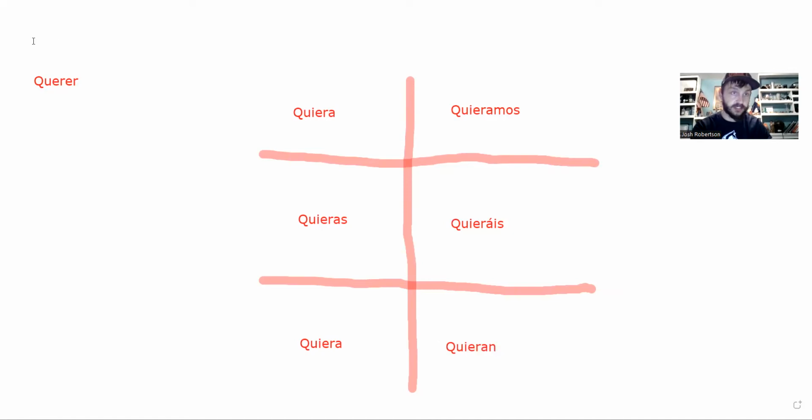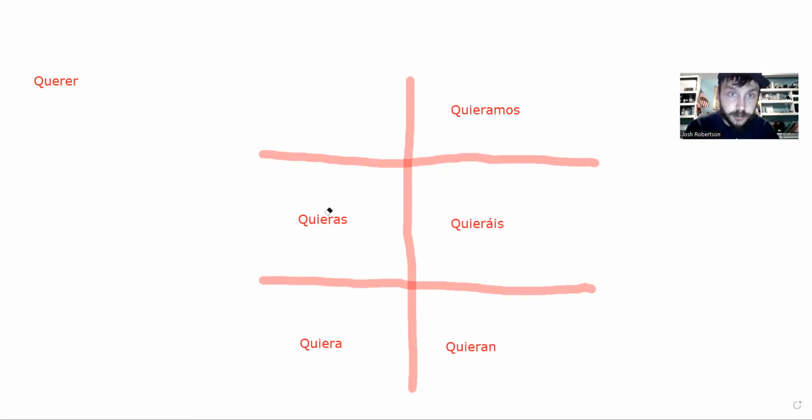Now conjugated, same verb in the subjunctive present. Yo quiera, tú quieras, él, ella y usted quiera, nosotros, nosotras quieramos, vosotros, vosotras quieráis, ellos, ellas y ustedes quieran.